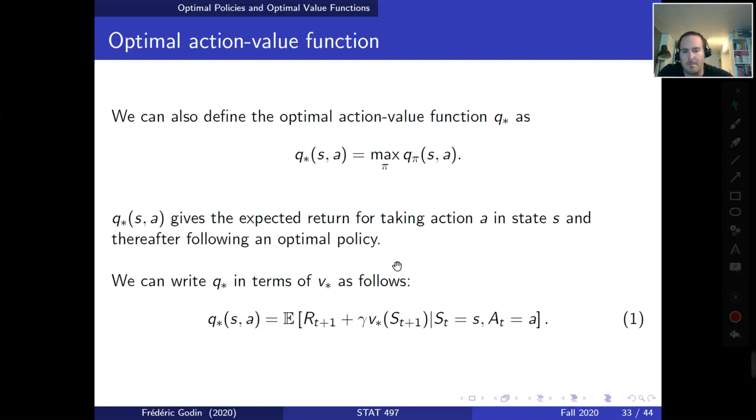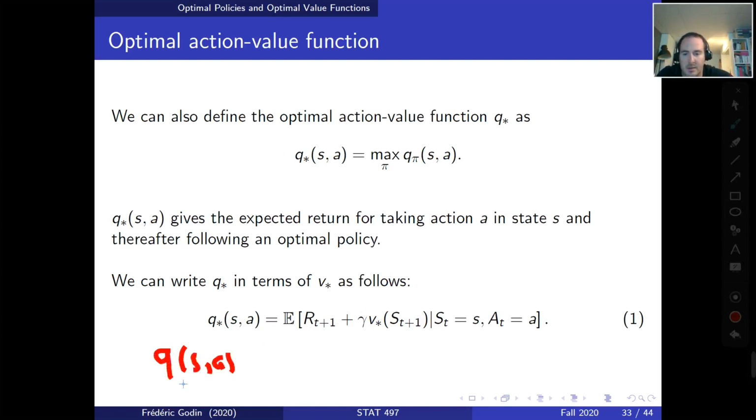It can be shown that we can write q star in terms of v star as follows. Let's repeat something. Recall, this is a quick informal recall, Q of s, a.